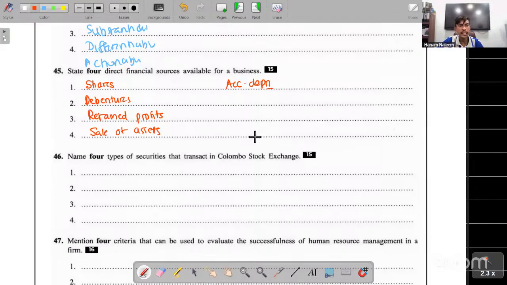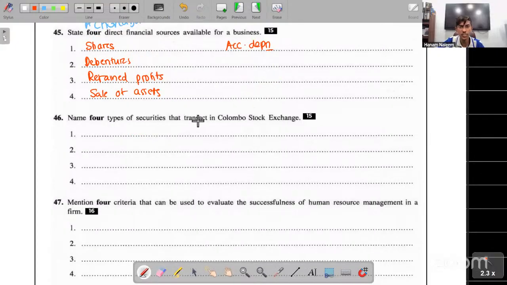Then, name four types of securities that are transacted in the Colombo Stock Exchange. So don't just write shares. Make sure you write the types of shares so you can increase the number of points. You can take ordinary shares as one security we trade. Then we have preference shares.